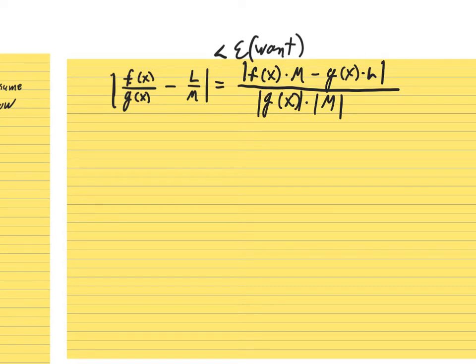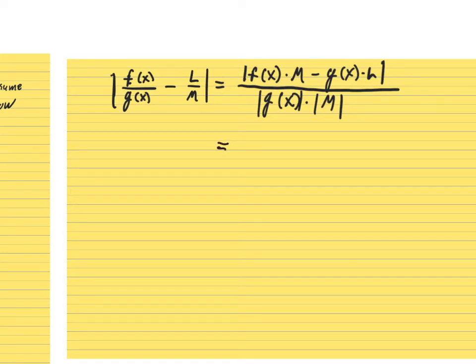So let's take a look at this. f of x is really, really close to L, so this is close to L times m. g of x is really, really close to m, so g of x times L should be close to m times L. They're both simultaneously close to L times m, so I should add and subtract that. That's what I'm going to do in the numerator.